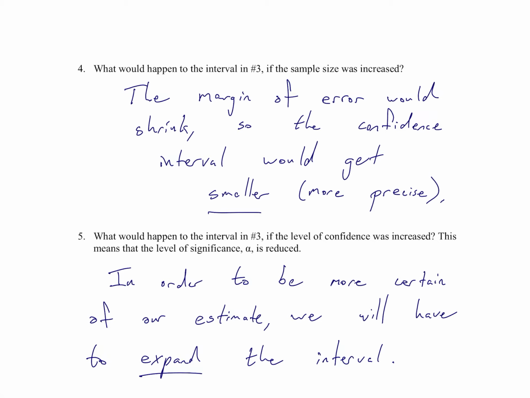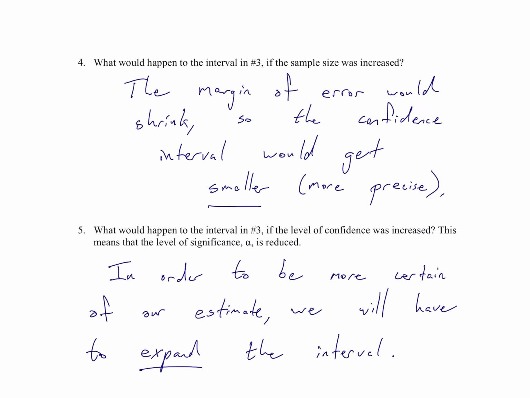If I was only allowed to survey 3 or 4 people, then I would have a huge margin of error. I wouldn't expect my results to be very close to the actual population mean. But if I'm allowed to sample almost the full population, then my margin of error is very small. And therefore, my confidence interval can be pretty small. I can be pretty sure that my actual population mean lives within a small interval. So that would be a more precise measurement.